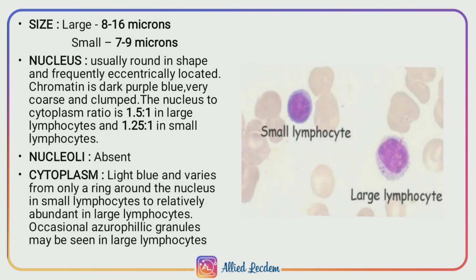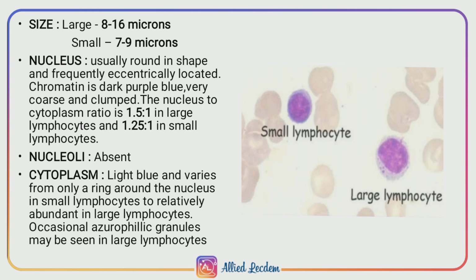The lymphocytes are also classified as small lymphocyte and large lymphocyte. The size of large lymphocyte ranges from 8 to 16 microns and small lymphocytes range from 7 to 9 microns.